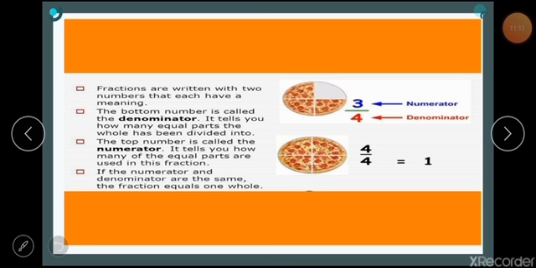It tells you how many of the equal parts are used in this fraction. It means I am taking 3 parts from a whole, so 3 in the numerator and 4 in the denominator. If I am taking 2 from the whole, I will represent 2 by 4. If I am taking only one part, one slice of a pizza, I will represent 1 by 4. So in this form you can represent the fraction.